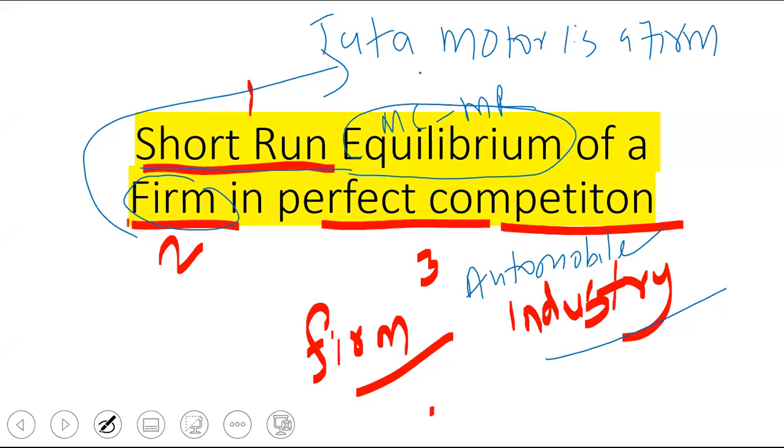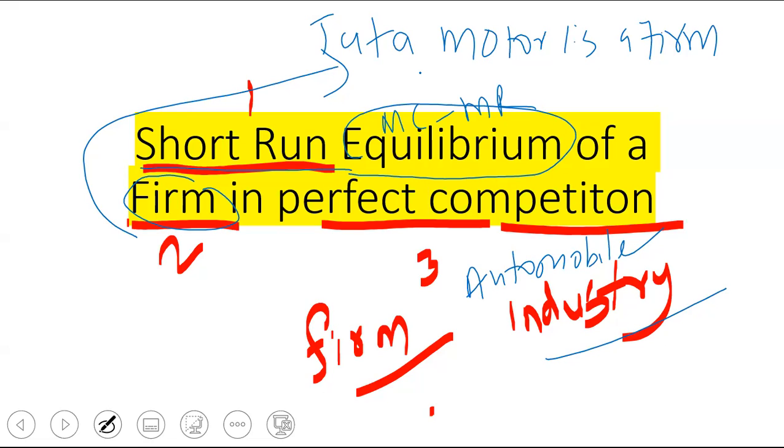So now we are entering into short-run equilibrium. So take down the question. Draw and explain short-run equilibrium of a firm in perfect competition. This is our question. Market structure means half of the problem comes because you cannot understand the question. Every question's diagram is different.